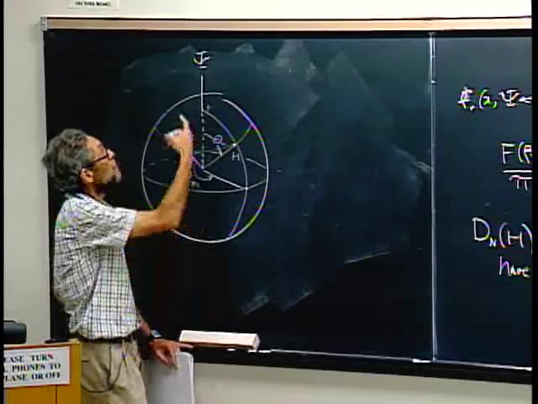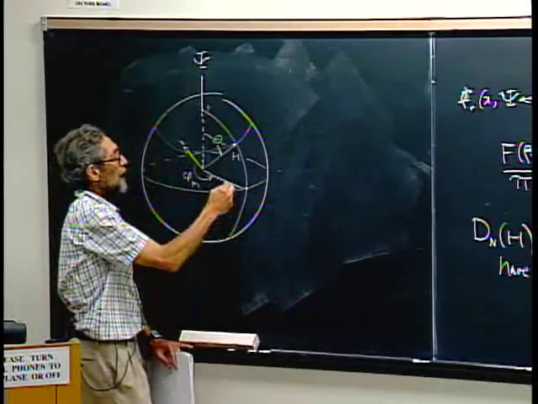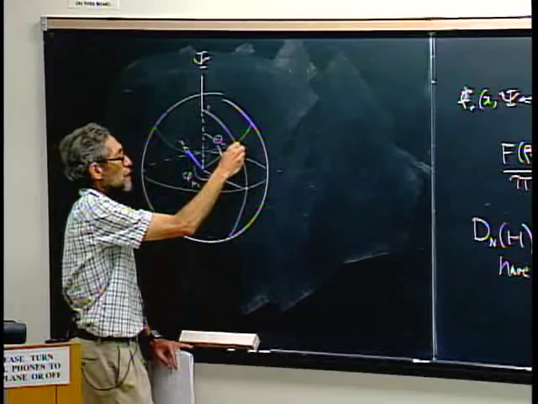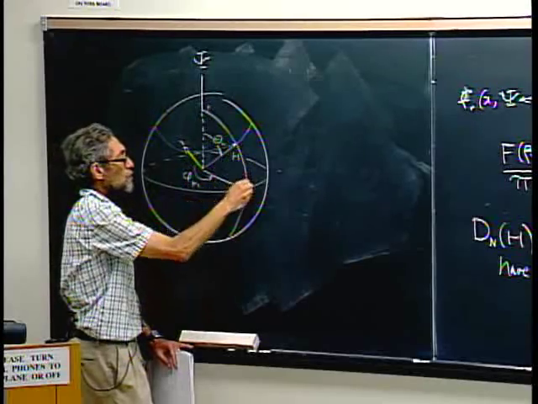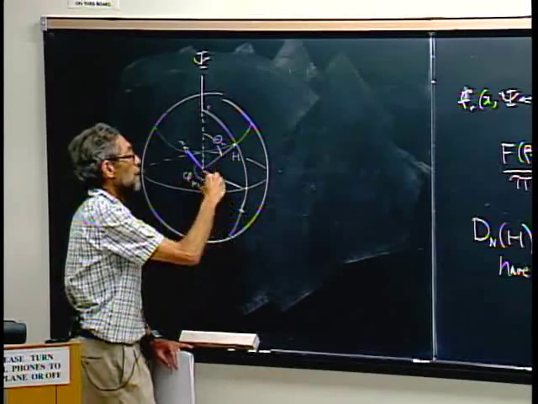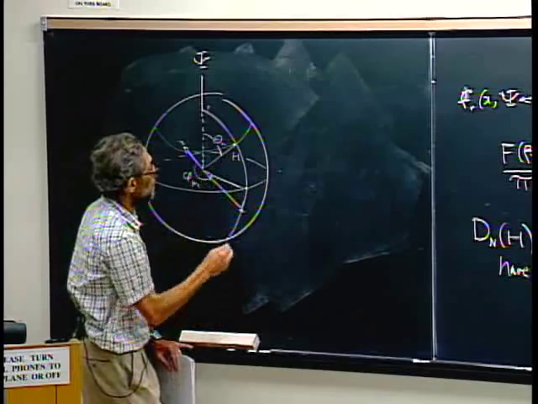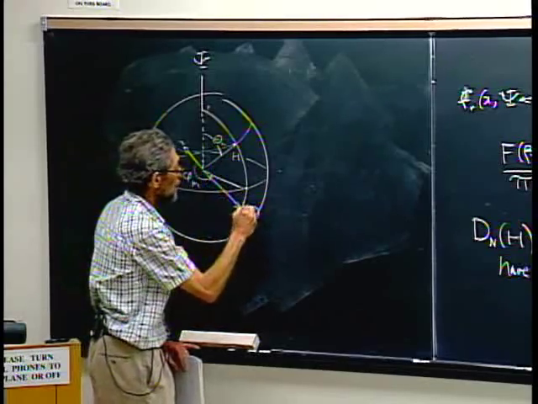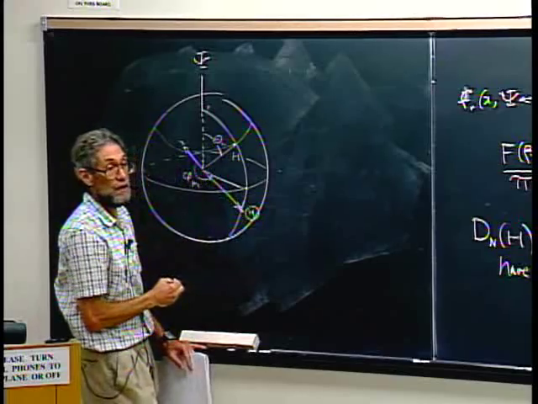And knowing h and knowing this psi, I know that whatever this angle is, I have another angle that's twice as far that gets me down to the reflected direction theta.